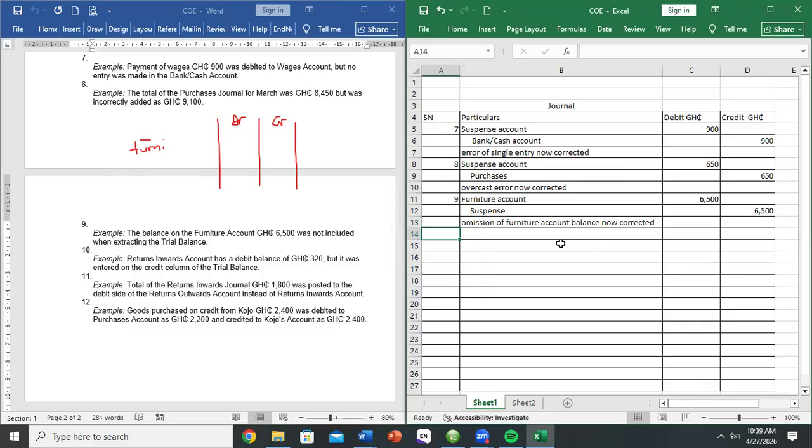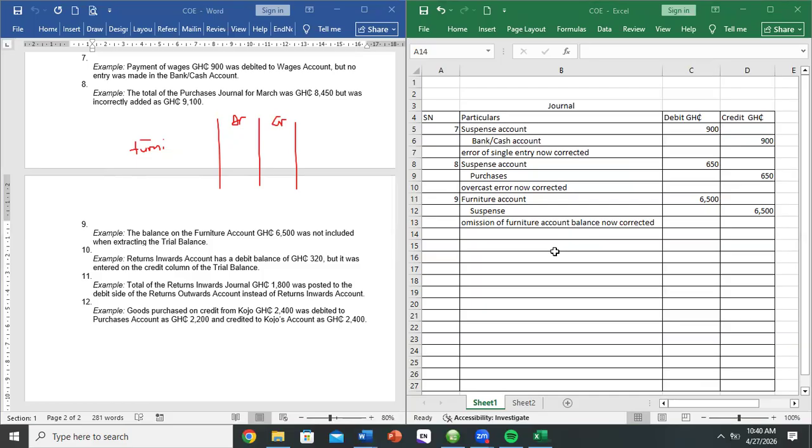I think the network of Zoe is not good, or something. Okay, let me read number 10 on behalf of Zoe. Return inwards account has a debit balance of 320, but it was entered on the credit column of the trial balance. I'm reading this again.